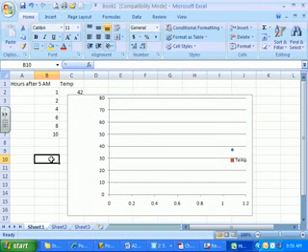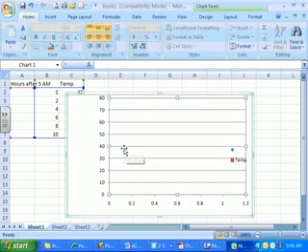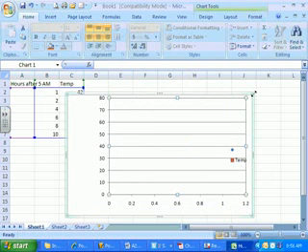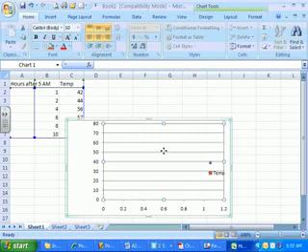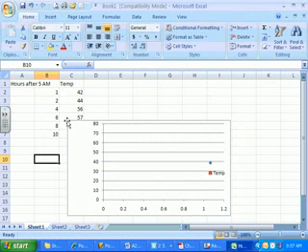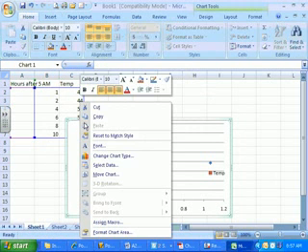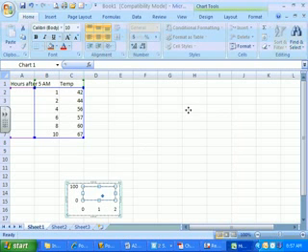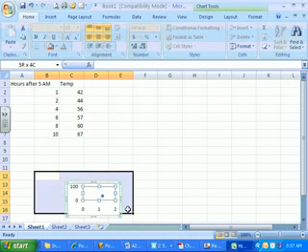And let's see. Oh, let me get rid of this here for a minute. How can I get rid of this thing here?